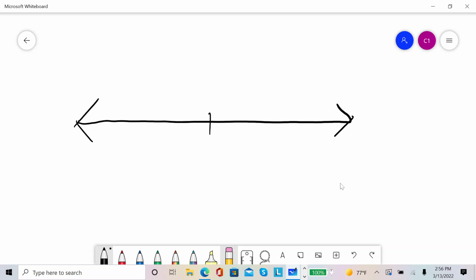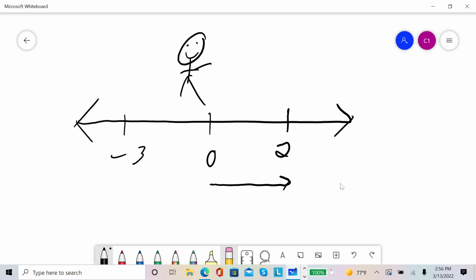Let's say I define this as 0, this is -3, and this is 2. Now let's say we have Bob here. Hi, Bob. So Bob, let's say he starts at 0. Bob then travels to 2, then goes to -3.